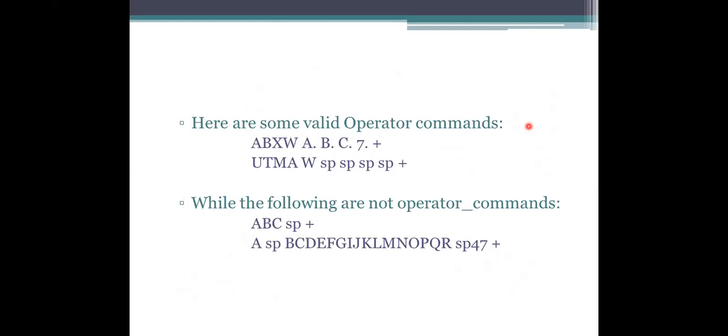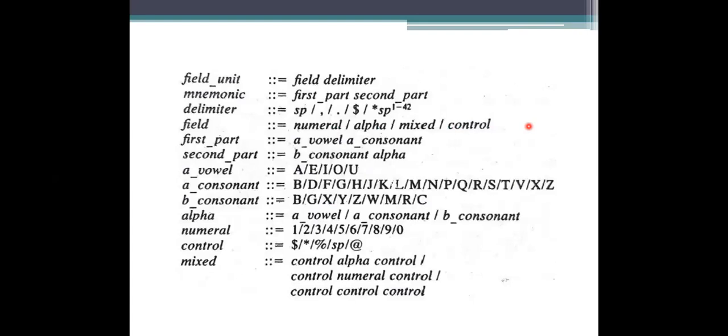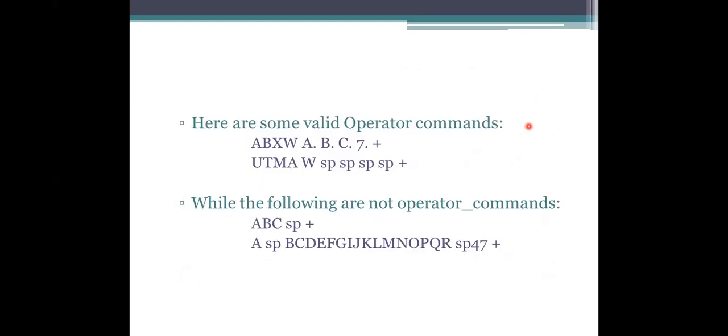What is a delimiter? A delimiter can be space, comma, star, dollar; we can use spaces, which are 42. So here, first write the field, and again the delimiter, give the space, and write it 4 times. So here 8 elements should be there. See, A dot, B dot, C dot, and then 7 dot. 4 into 2, 8 elements are there, and the last one is the plus. It should end with a plus.